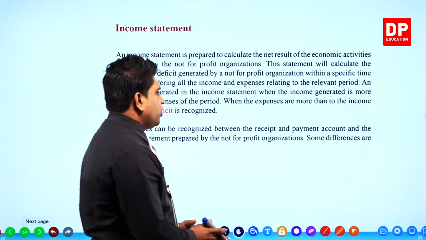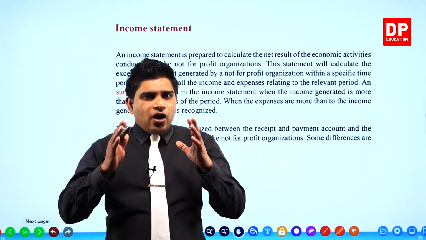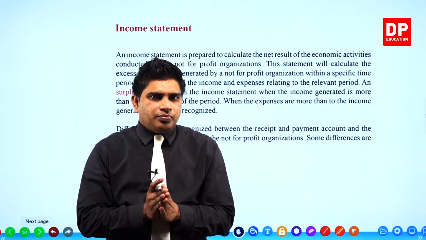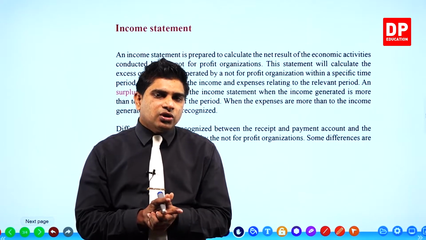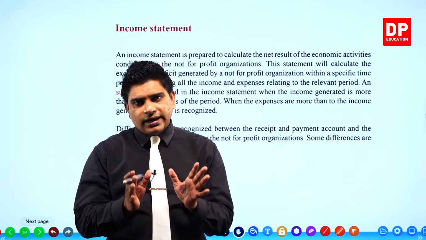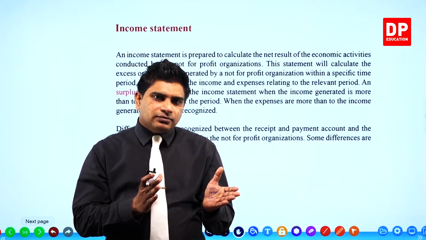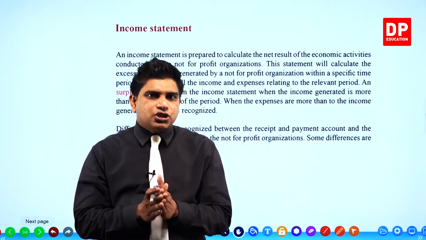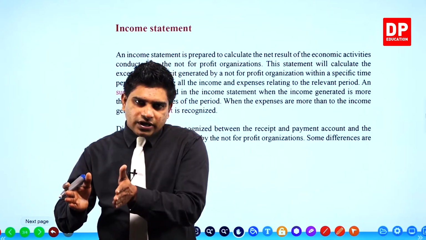Okay, now you know this very well. We have finished how to prepare the receipts and payment account. We have done textbook activities also. I'll give the summary again. Receipts and payments are 100% similar to the cash book. All the received cash we put into the debit side.